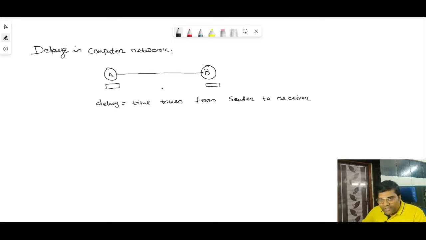If you consider the delays, there are four types of delays in computer network. First one is transmission delay. Then second one is propagation delay.